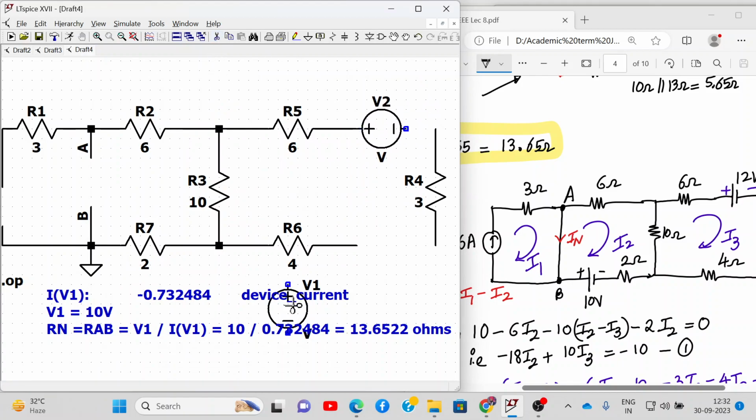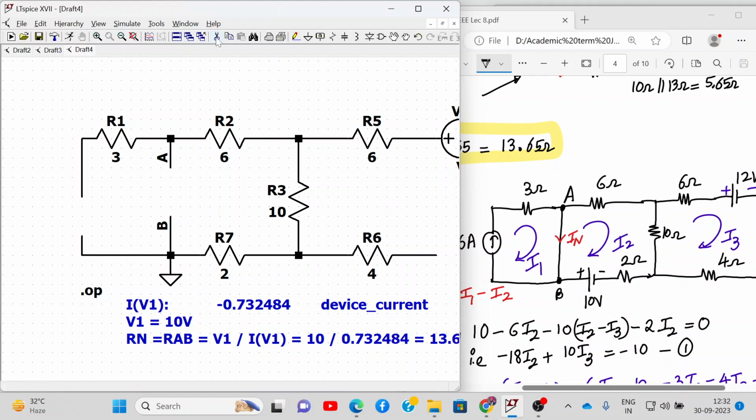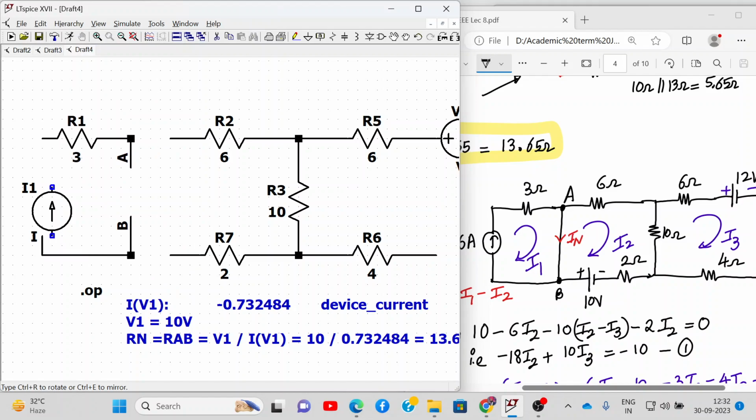All right, next I need to add the current source over here also. So let me do that. I'll add the current source first, rotate the value and place it over here. First of all, let me remove this and let me push this a little this side because I have to add a voltage source to it.